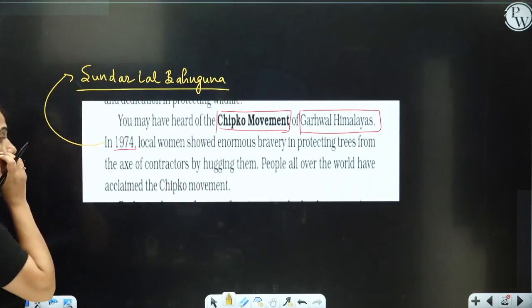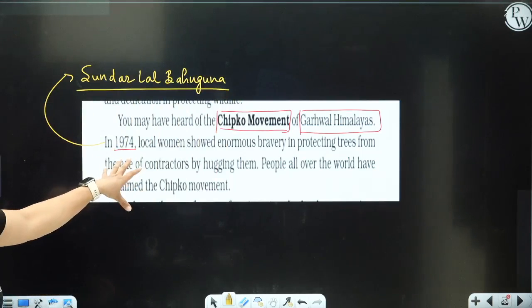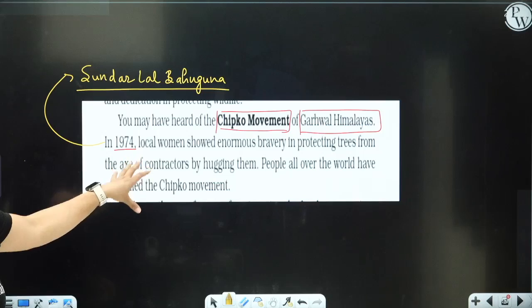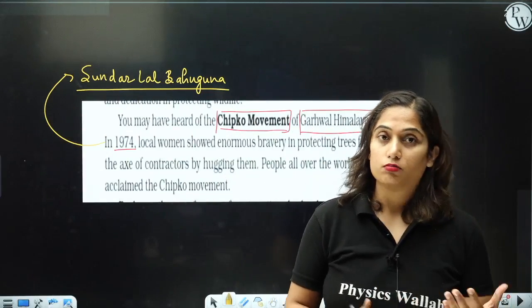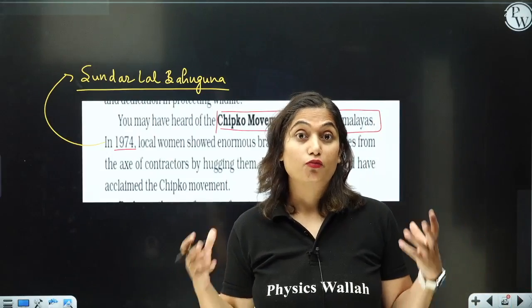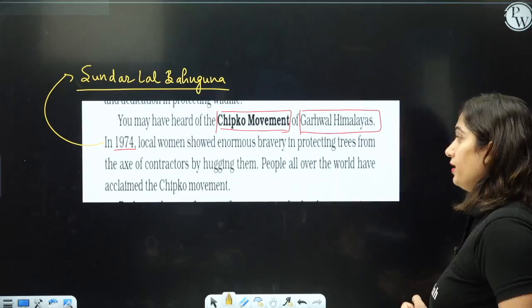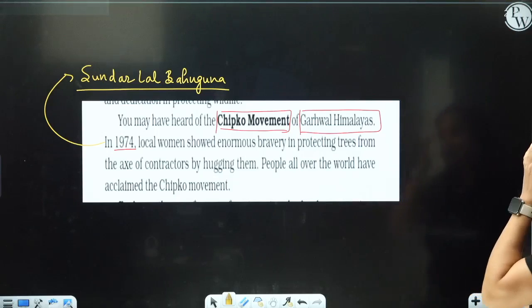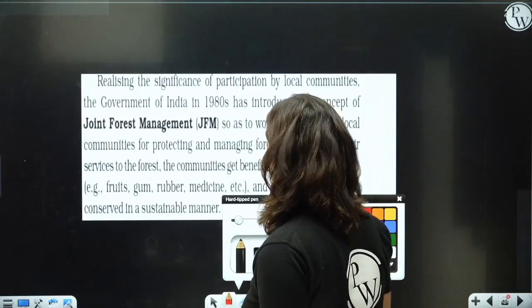You have to remember the year, 1974. This movement gained the attention of the world because they hugged the trees and laid down their lives.